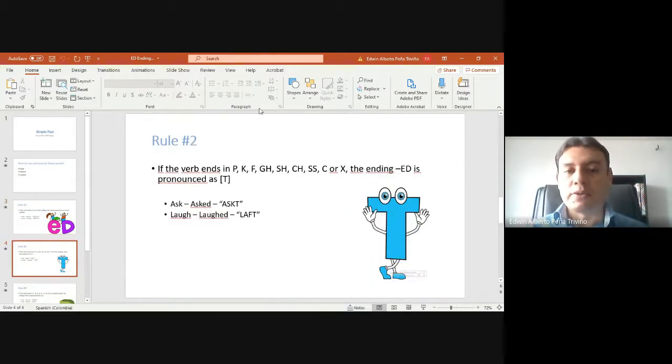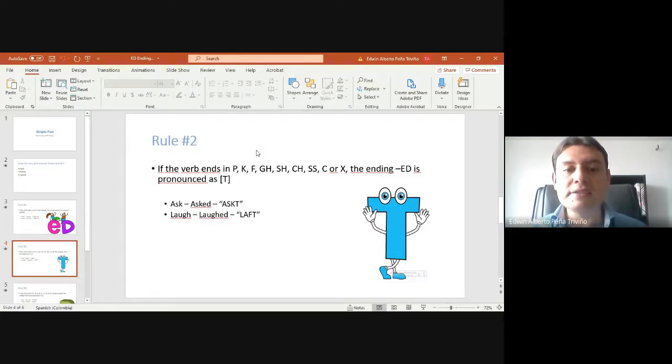Now, there is another rule that comes with verbs that have a final consonant that is a voiceless sound. What is a voiceless sound? A voiceless sound is something that doesn't produce any vibration in the throat. For example, if you produce the sound of the double S and you put your hand on your throat, the sound of the S doesn't produce any vibration. So in this case, take the verb cross, double S ed, you're going to pronounce crossed.